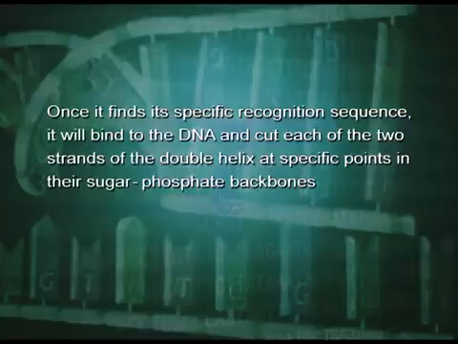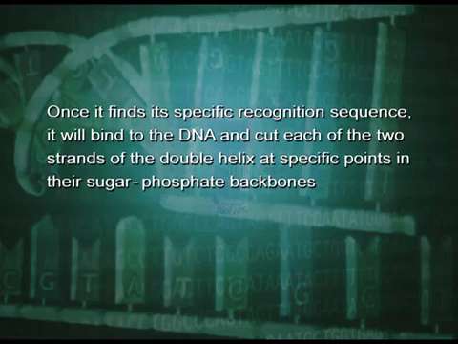Each restriction endonuclease functions by inspecting the length of a DNA sequence. Once it finds its specific recognition sequence, it will bind to the DNA and cut each of the two strands of the double helix at specific points in their sugar phosphate backbones.